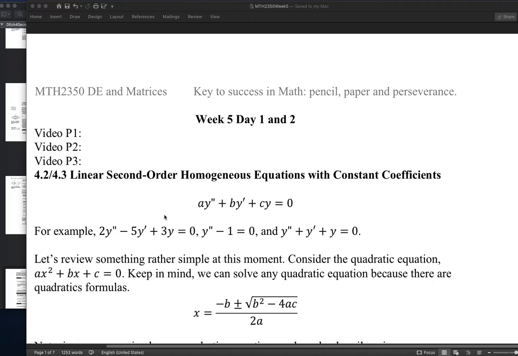Okay, so let's take a quick look at what the second order homogeneous equations with constant coefficients are. Well, I do have the general form right here. It is in the fashion of a y double prime plus b y prime plus c y equals 0.